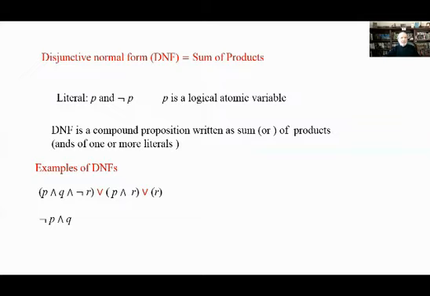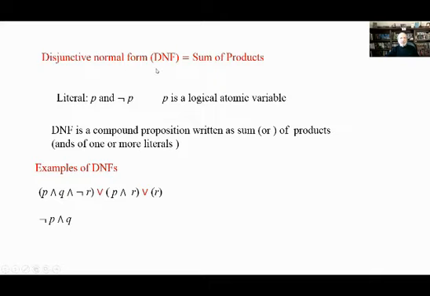This might be a little bit difficult to understand, but I think we can make it as easy as possible. We're going to be using P and not P as being the logical atomic variables. And we are going to use something called disjunctive normal form.